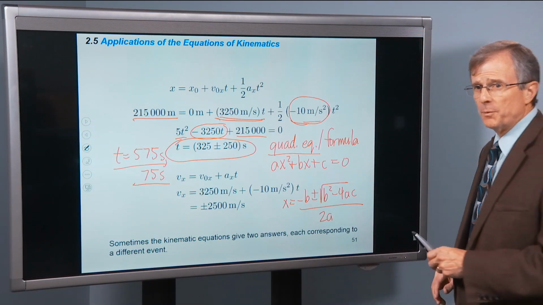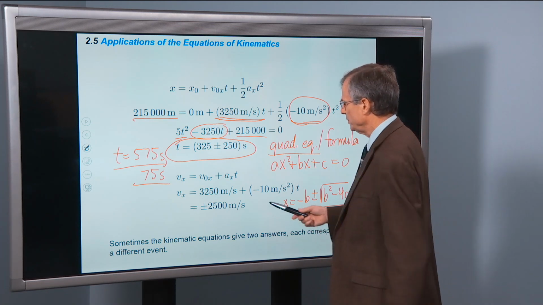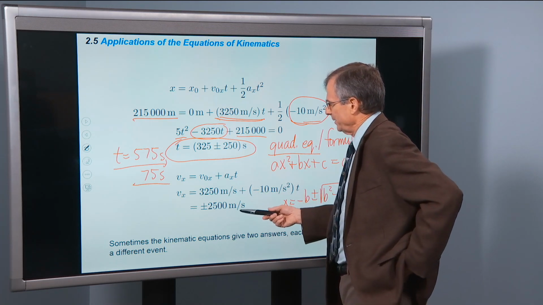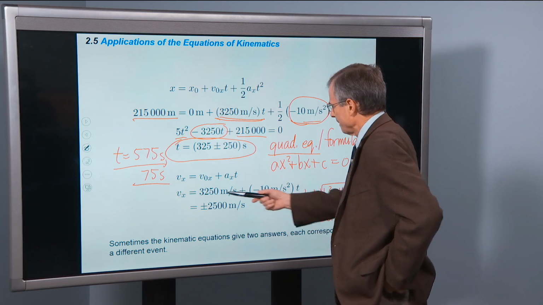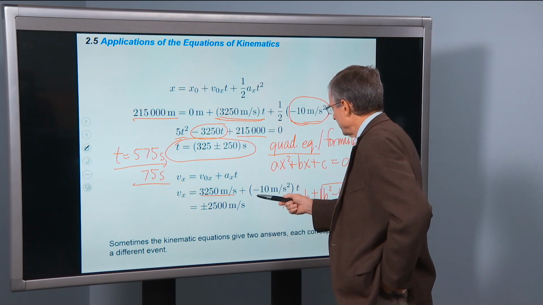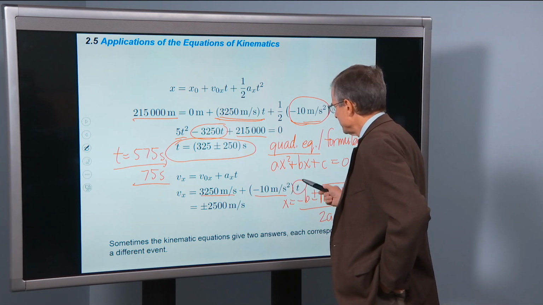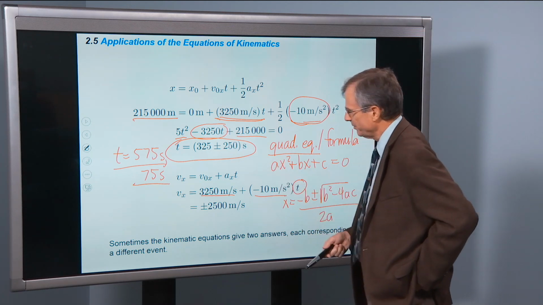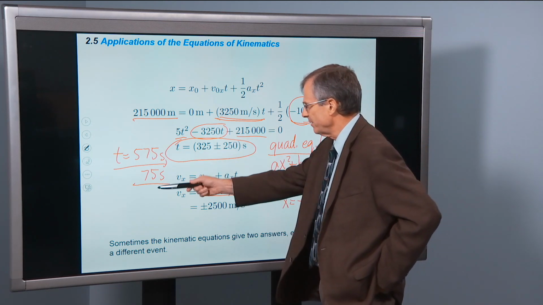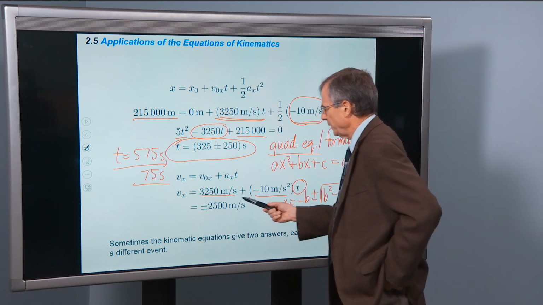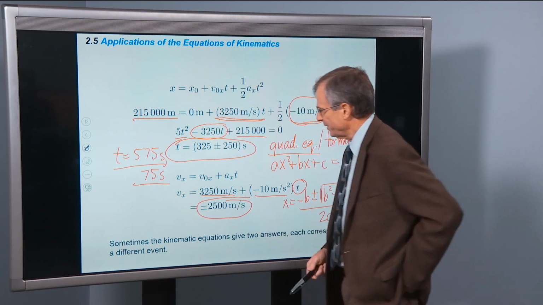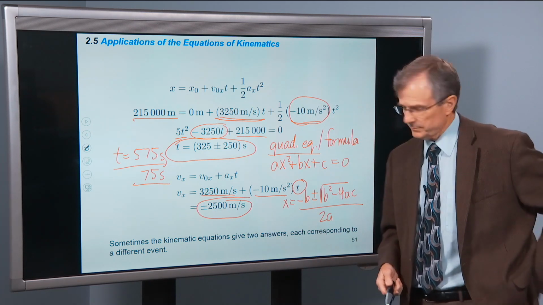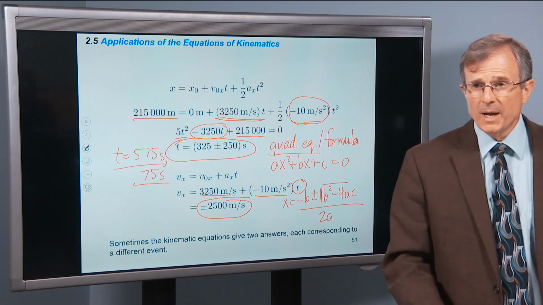All right, and then if we want to find the velocity, we just plug in the initial velocity, the minus 10, and the time t. We can plug in these two different values of the time t, 575 and 75, and we get that the speed is 2,500 meters per second, plus or minus.